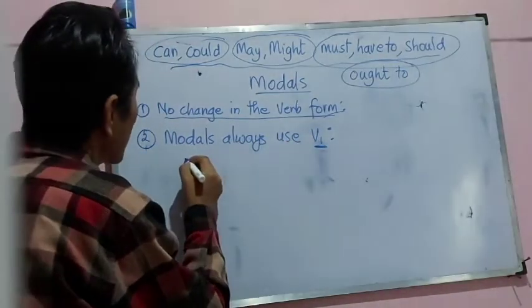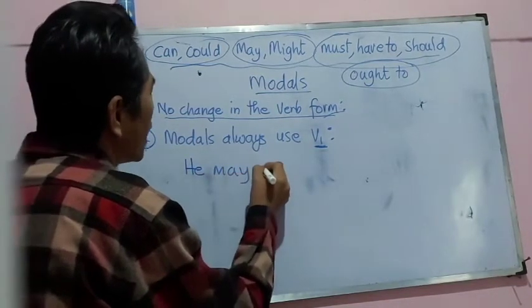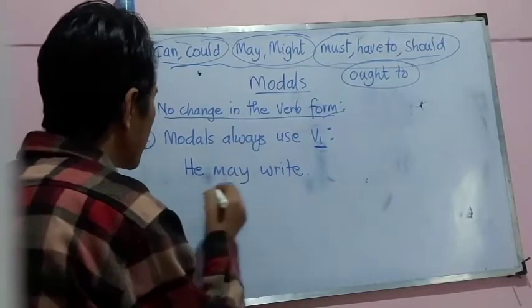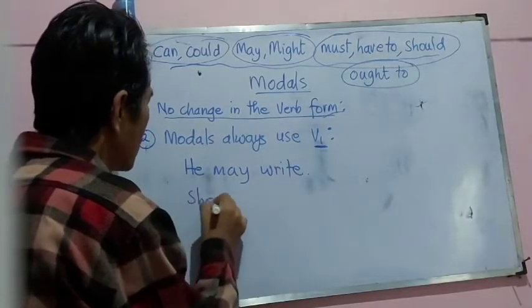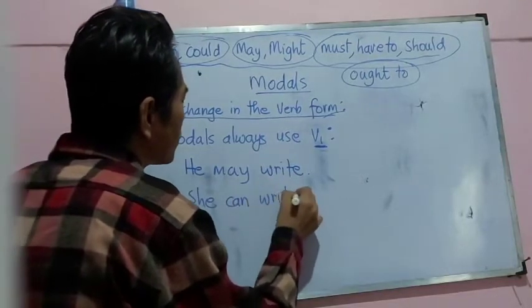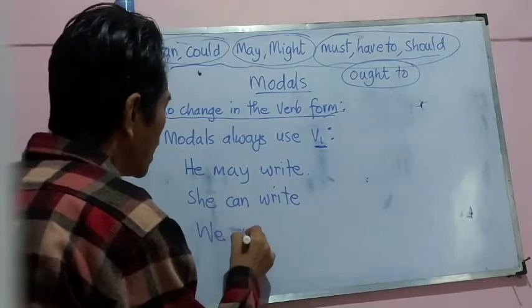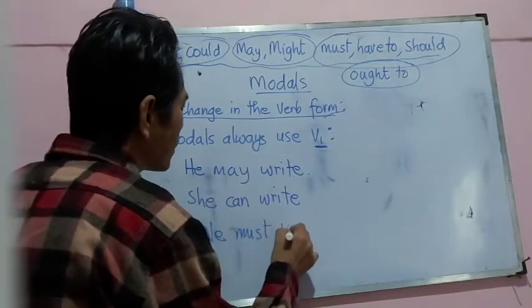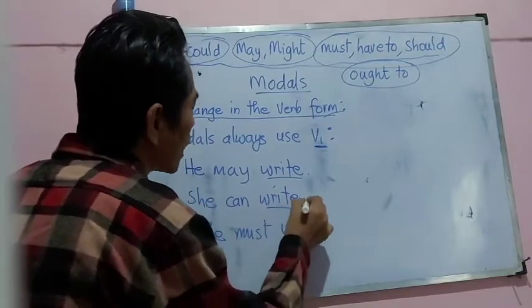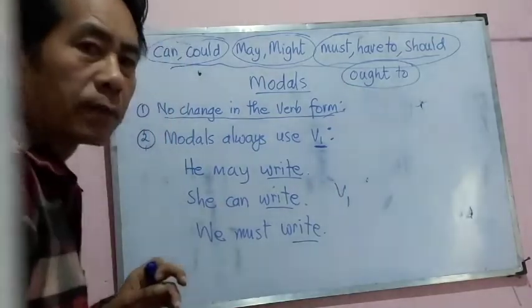For example, he may write. She can write. We must write. So if you look, all these verbs are always verb one.